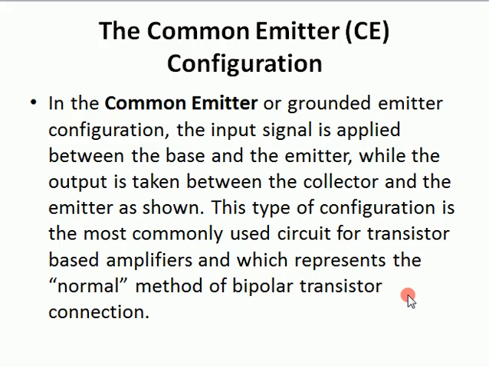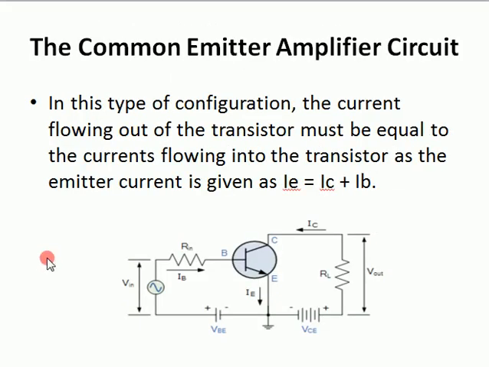This type of configuration is most commonly used in circuits for the transistor based amplifier, which represents the normal method of bipolar transistor connection. So here the connection of it is, you may see this, the emitter is grounded here and the input side is between emitter and the base, and the output side is between collector and the emitter.